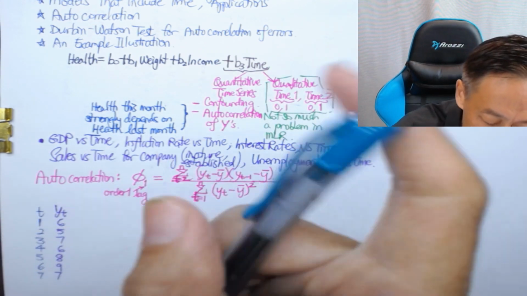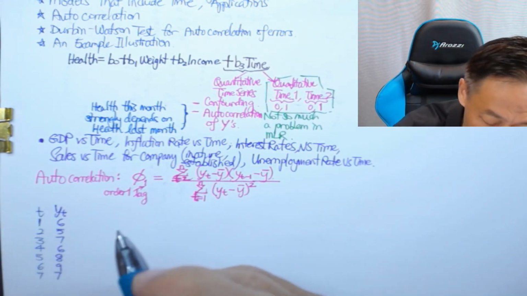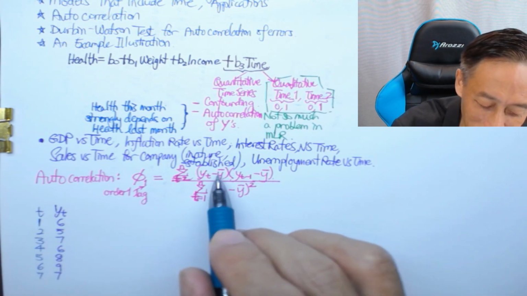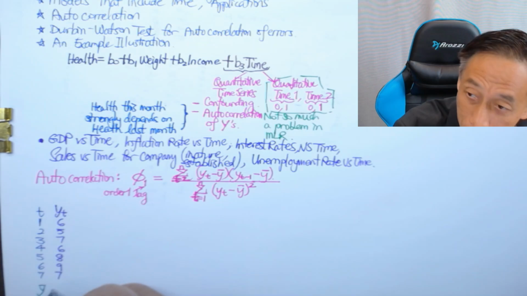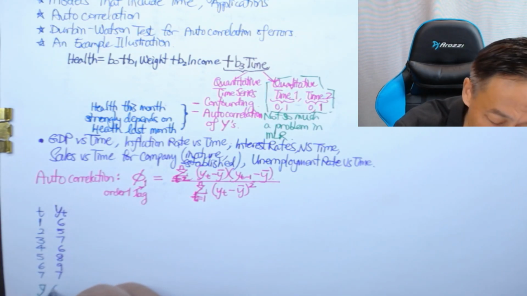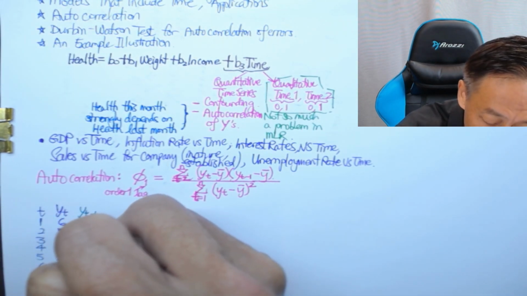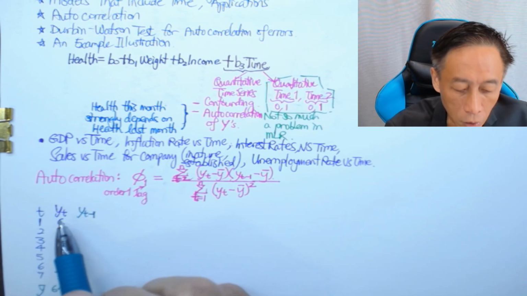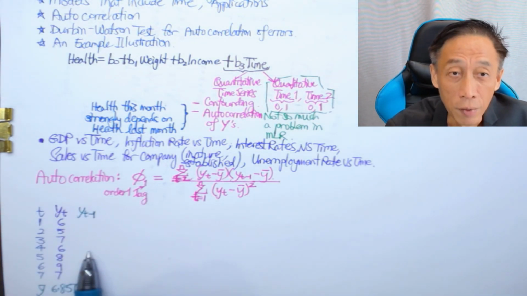First, we need the y of t minus 1 and the y bar. Y bar is everywhere, right? So first we calculate y bar. My y bar is 6.8571, and our y of t minus 1 is going to be a copy-pasted and shifted value.